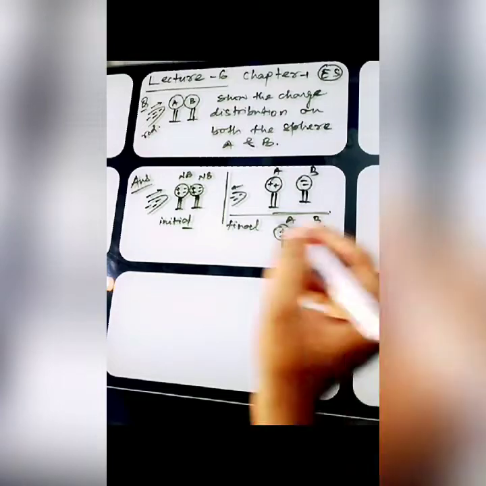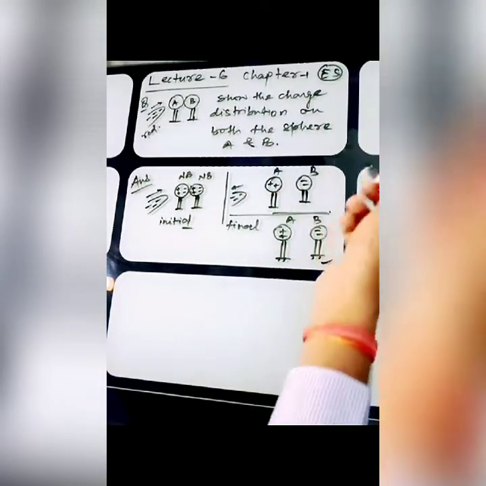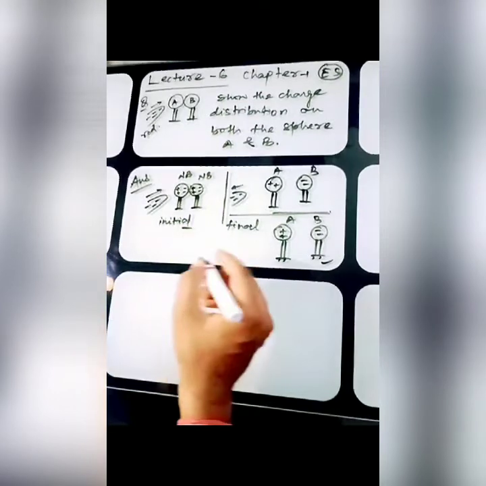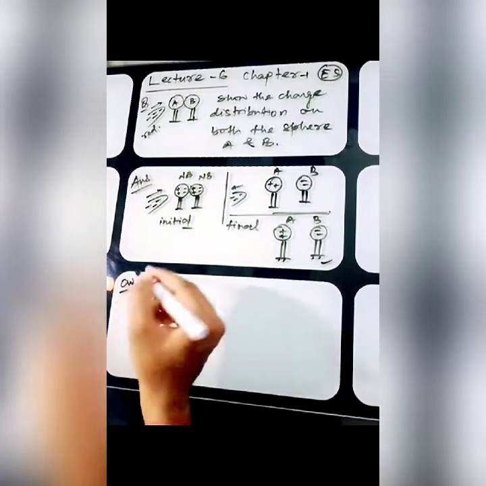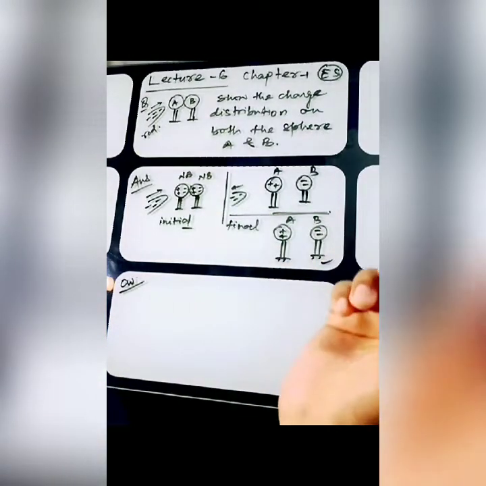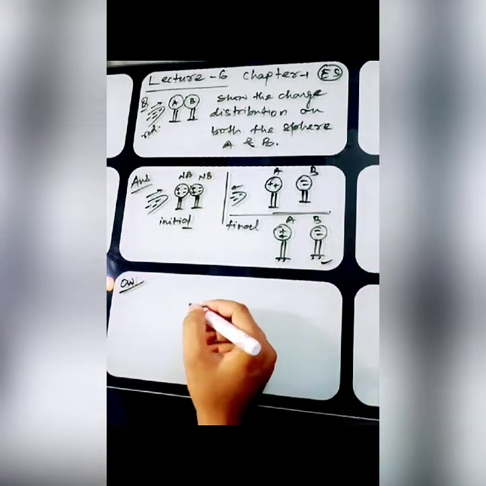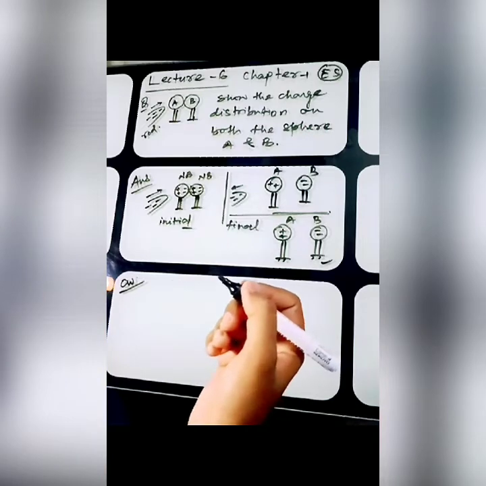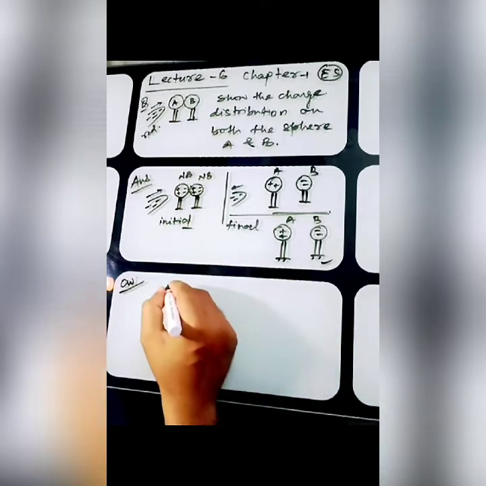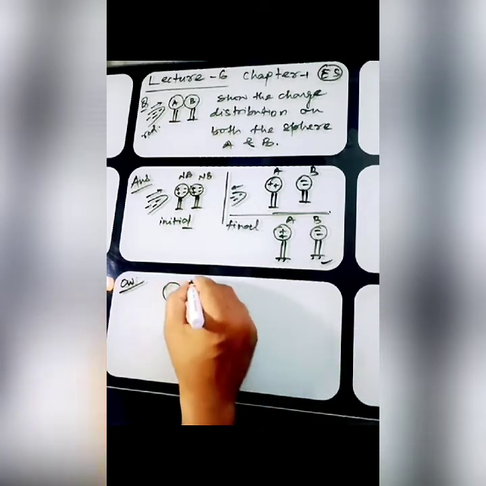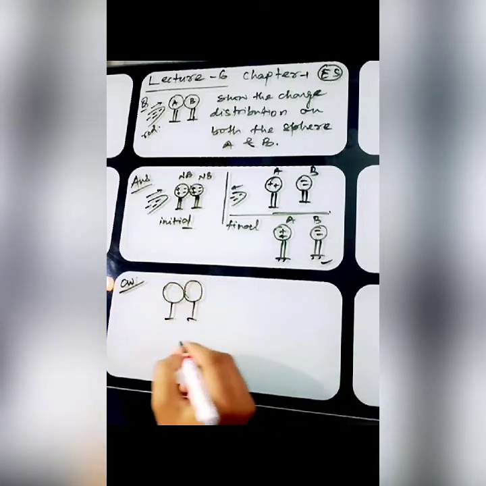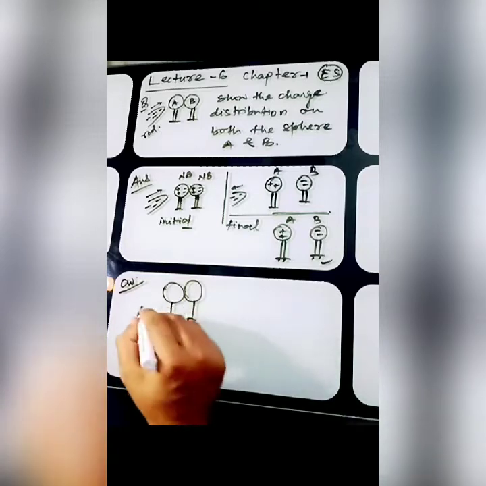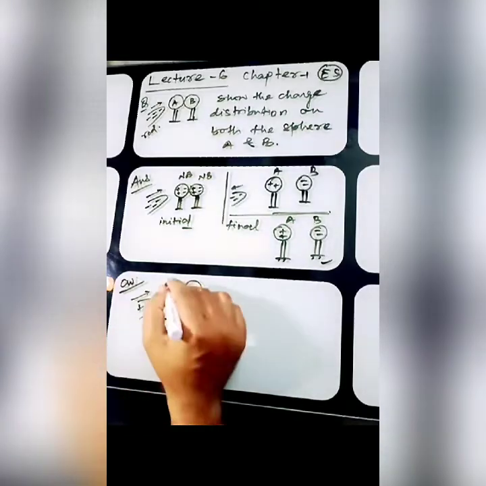If you understand well, students, try to solve another example. This is your classwork. This question has been asked in a previous year. Now I'm giving you the same situation: two identical bodies, A and B, but now you have a positively charged rod.